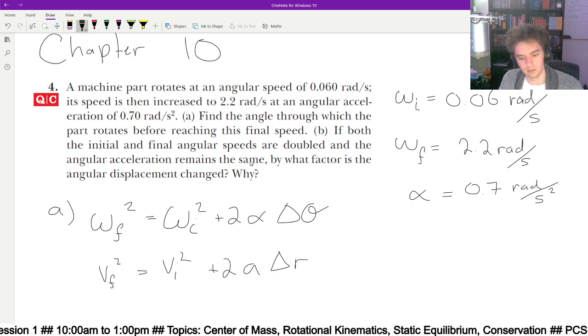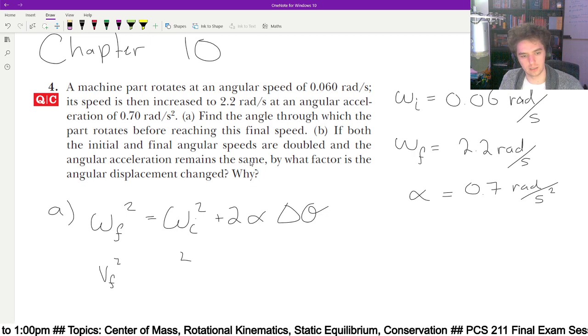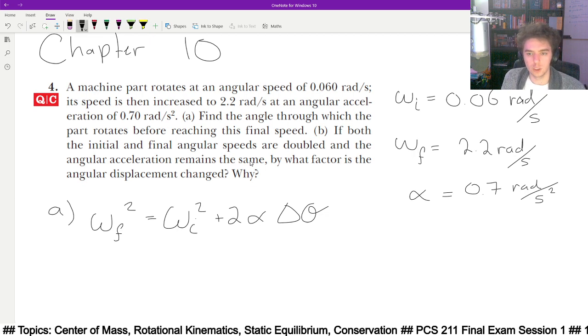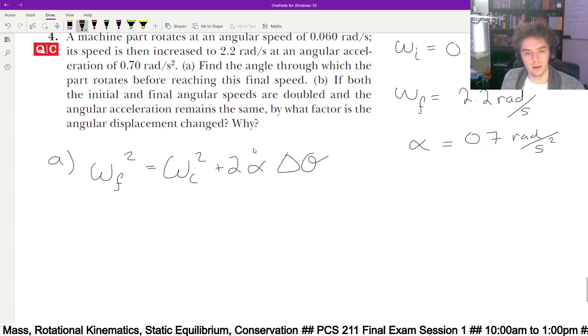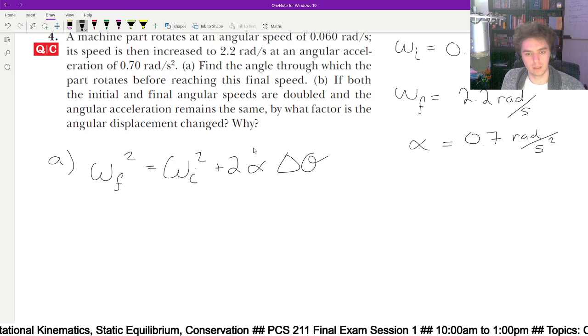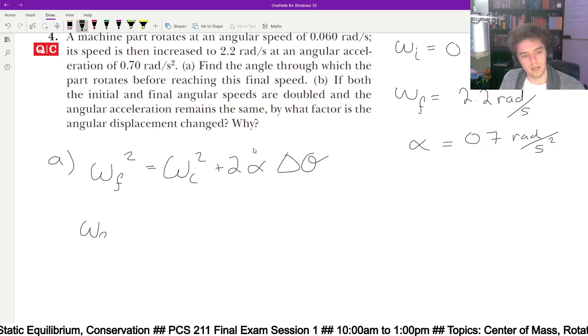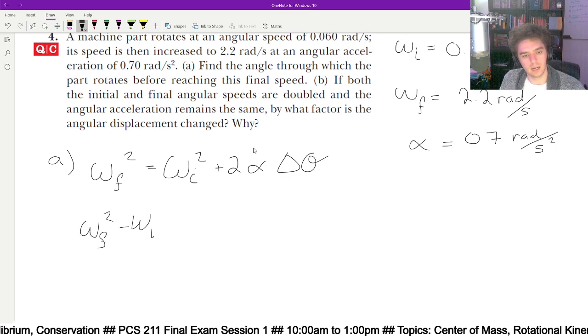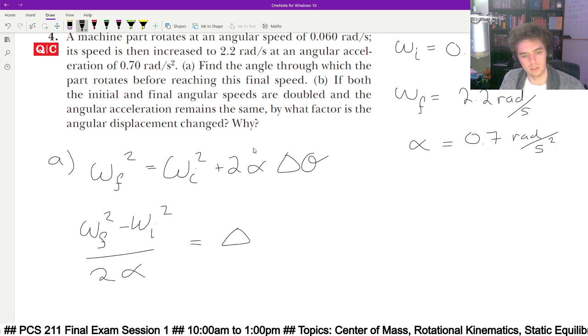It's just with angular stuff now. We know all this, so we can rearrange for delta theta: omega f squared minus omega i squared over 2 alpha equals delta theta.